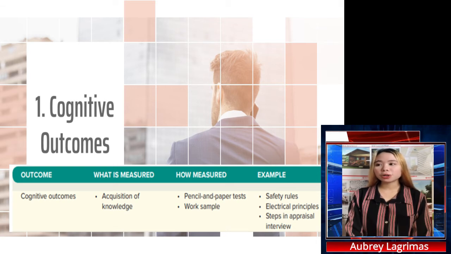Yet, a key factor in differentiating expert and novice performance is the way individuals organize their knowledge. Accordingly, the acquisition of meaningful knowledge structures and methods of assessing structural knowledge are potentially important issues for designing and evaluating training programs. Examples are safety rules, electrical principles, and steps in an appraisal interview.